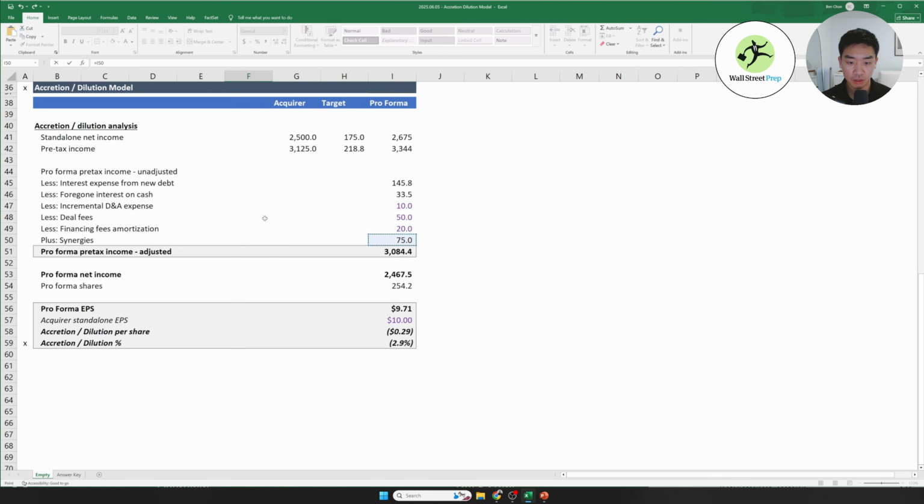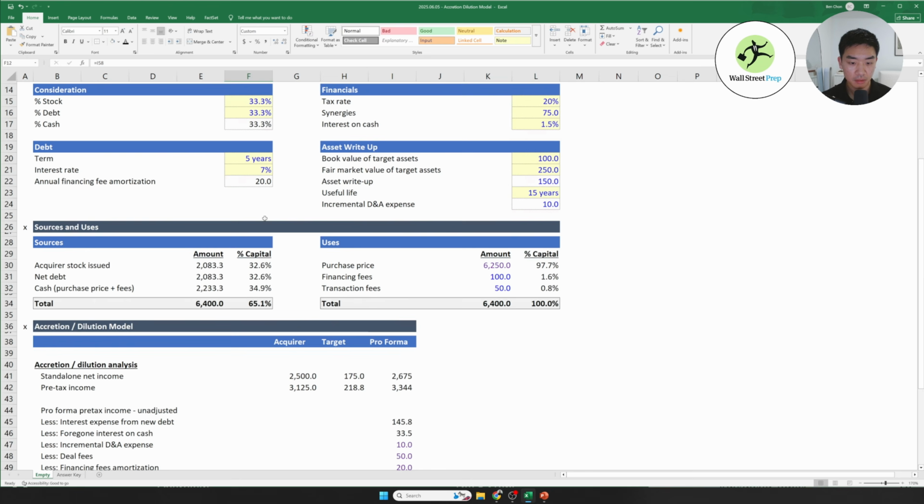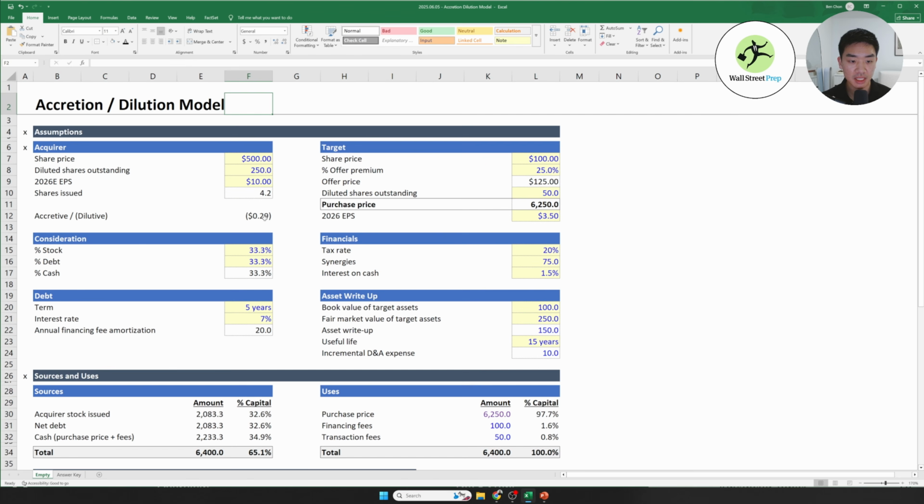So we go down here, we can use this as a reference, and you can see if I make this 0% stock, the transaction is a little less dilutive, right? If I make this 0% debt, it's actually accretive. And this is really what companies are paying banks for: they want to see, based on the different assumptions we use, can we make the transaction more accretive or dilutive, and what actually makes the most sense?